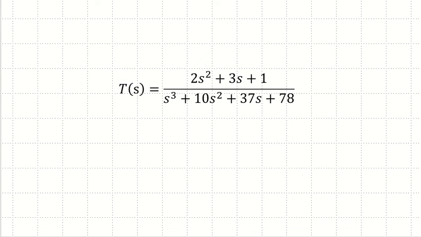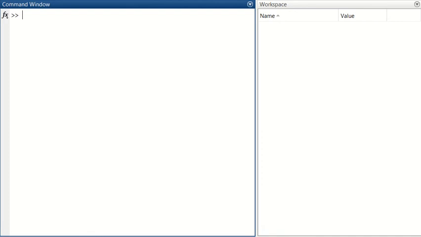Now we move forward and talk about how to plot root locus first. Let me open the MATLAB command window. As I told you, there is a very simple command to plot the root locus, but before that, in each case, to plot root locus, Bode, or Nyquist, you first have to formulate the transfer function.